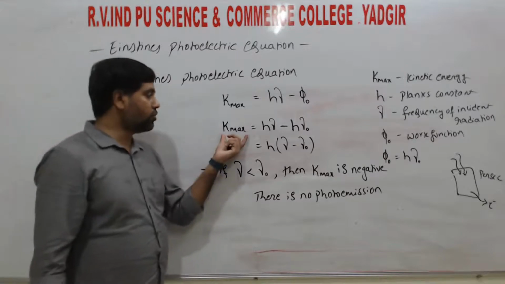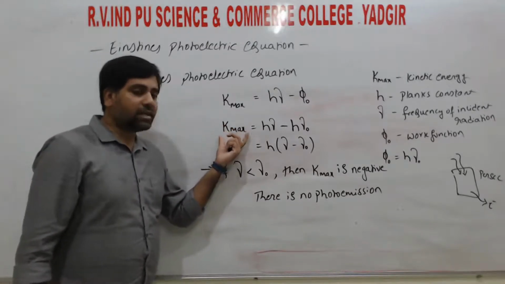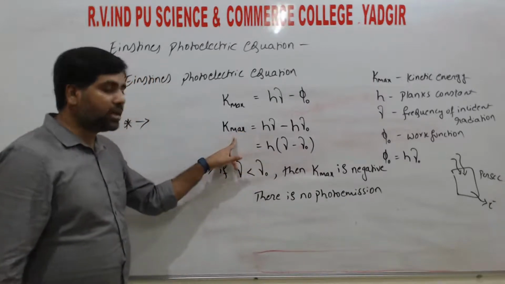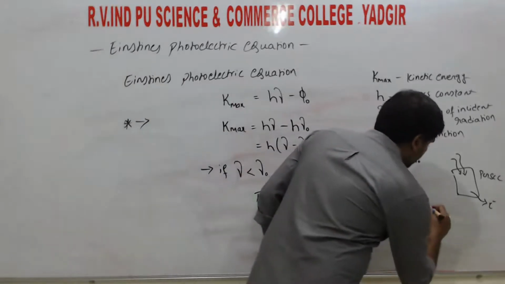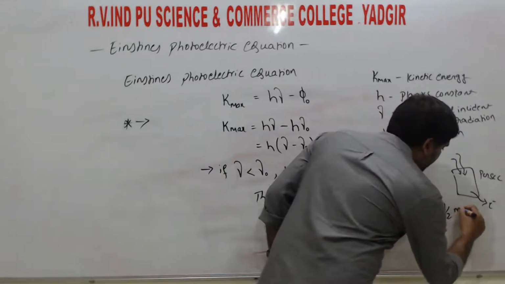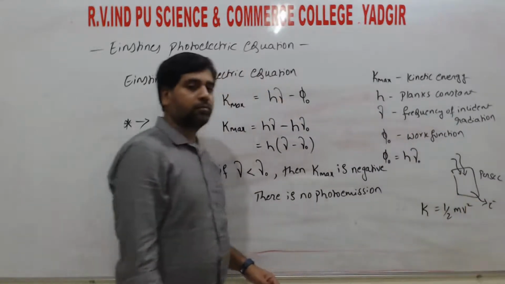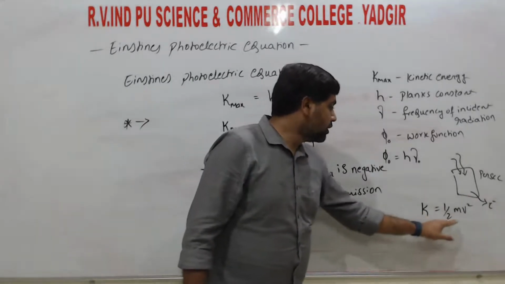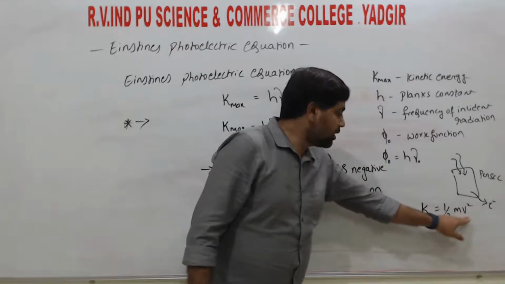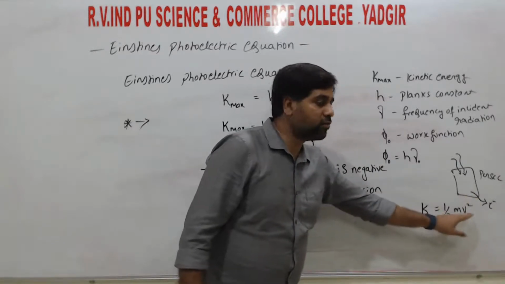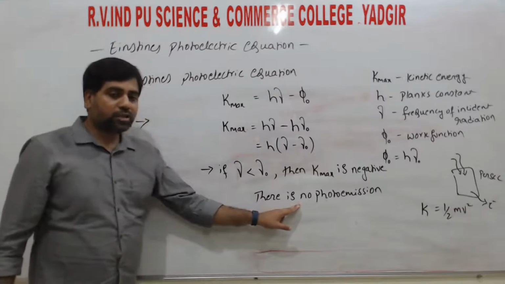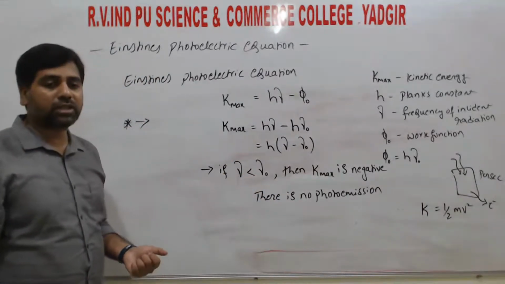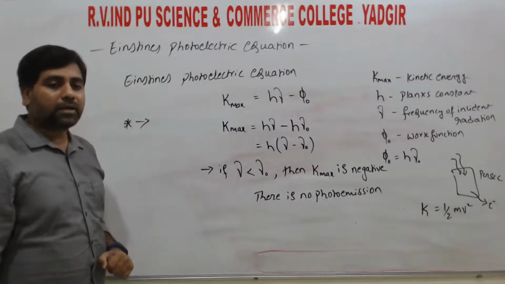Only positive kinetic energy gives it the velocity to escape from the metal surface. We know kinetic energy is equal to half m v square, right? If the kinetic energy is negative, there is no negative mass, so the velocity would be negative, which means there will be no emission of electrons, that is, the electrons have no velocity to come out from the metal surface.